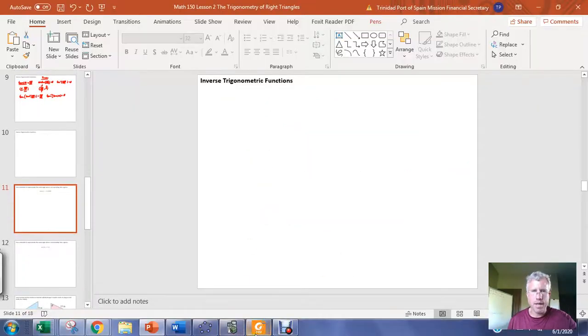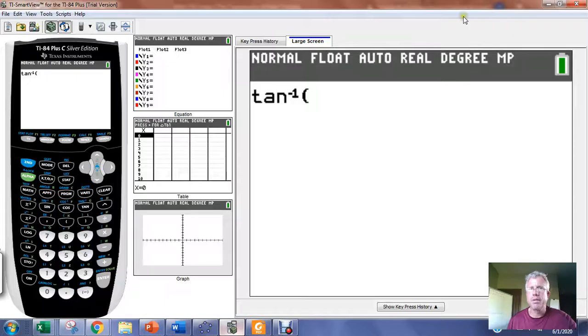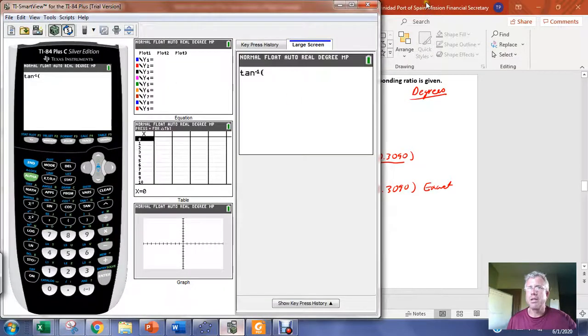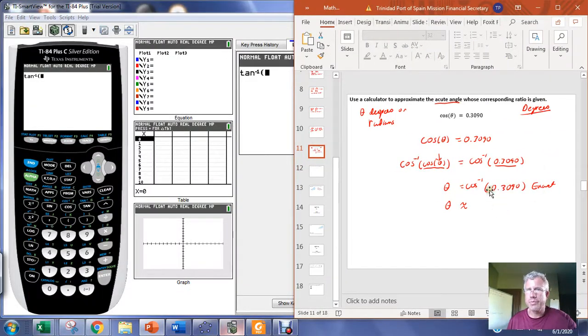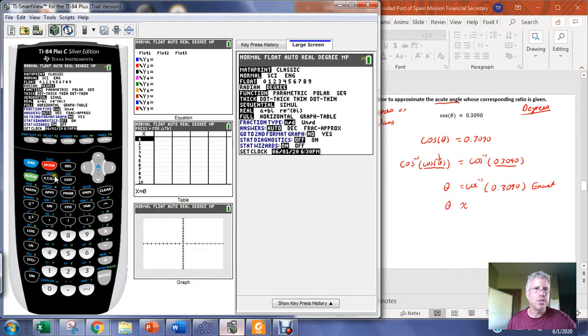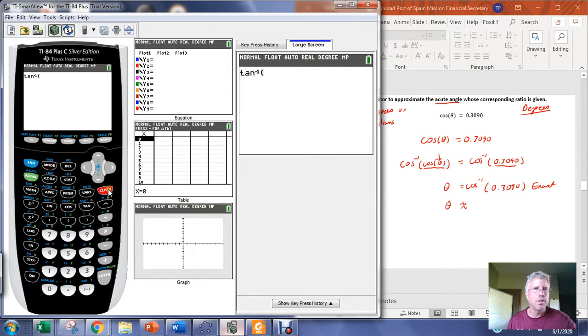So we're going to keep that, pull the calculator up, and we want the cosine inverse of 0.3090. I want the answer in degrees. So I check my mode. I make sure that I'm in degree mode. I'm already in degree mode, so I'm in good shape. So I'm going to do the cosine inverse.